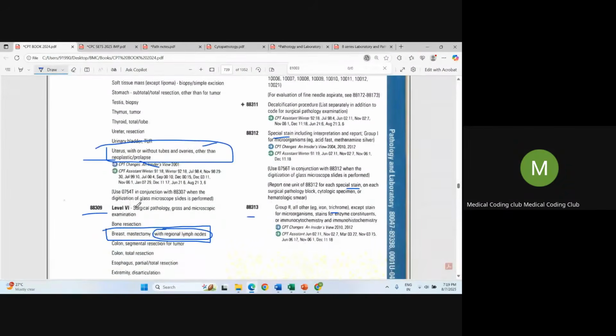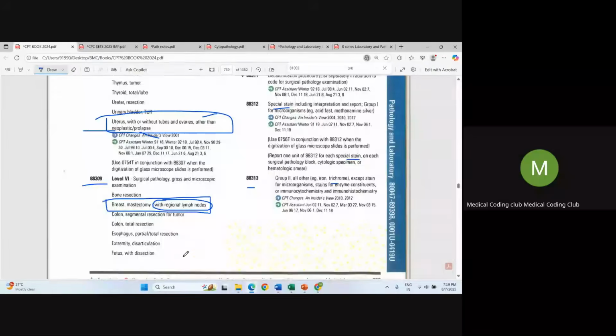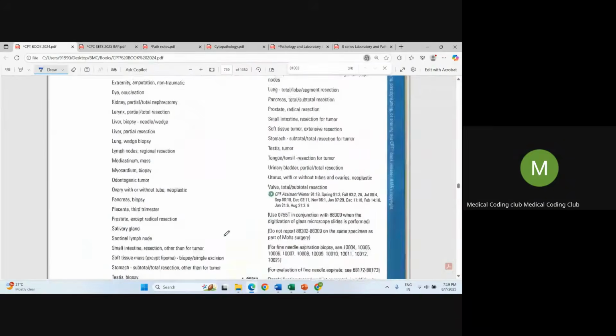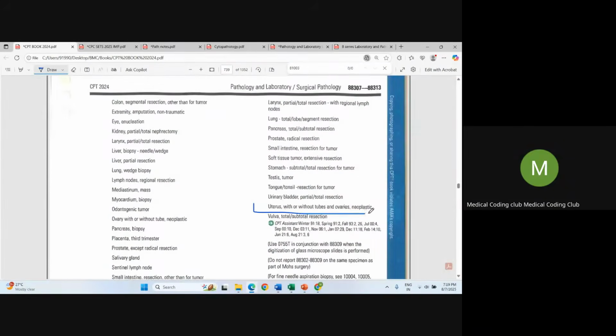Next, 88309. Under 88309, again, you can see uterus as a specimen, uterus with or without tubes and ovaries for neoplastic. Neoplastic means cancerous. So the patient might have uterus cancer, and for that reason they might be removing the uterus completely.